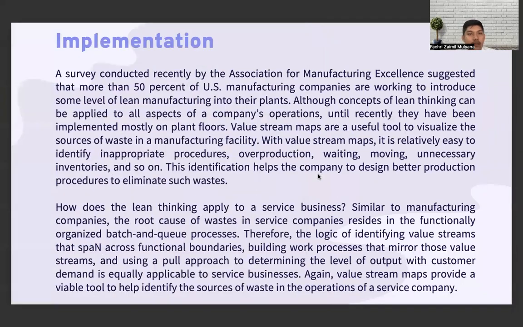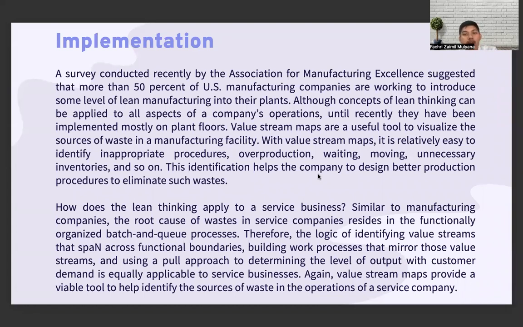The next is about implementation. A survey conducted recently by the Association for Manufacturing Excellence suggested that more than 50% of US manufacturing companies are working to introduce some level of lean manufacturing into their plants. Although the concept of lean thinking can be applied to all aspects of a company's operation, until recently it has been implemented mostly on plant floors.